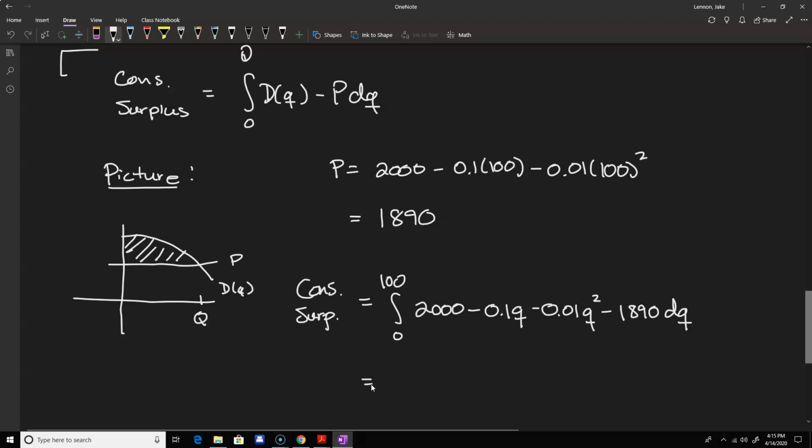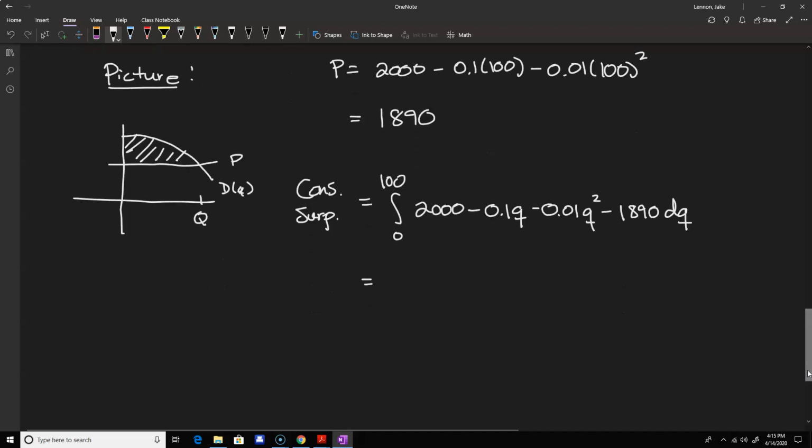So this can be simplified before we find the antiderivative. So this is going to be the integral from 0 to 100 of 2,000 minus 1890 is 110, minus 0.1 q minus 0.01 q squared dq.